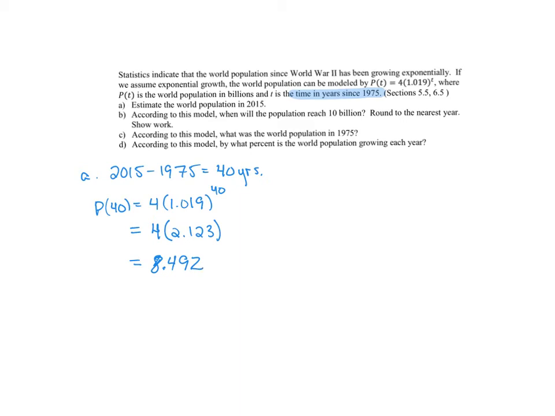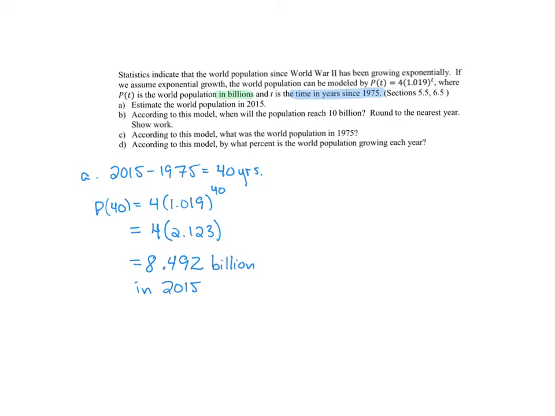It does say that our population is in billions. So we have the population will be 8.492 billion in 2015. Let me make that a little clearer. Okay, so we have that.